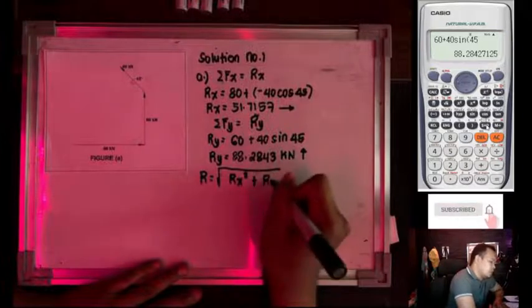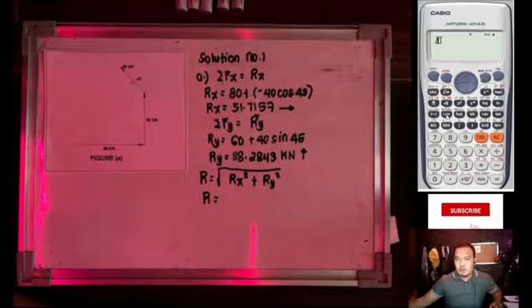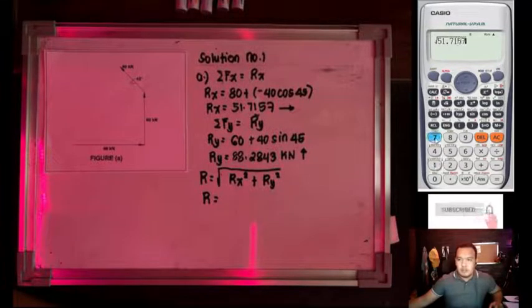So R, let's go straight to the calculator. Square root of Rx, which is 51.7157 squared plus 88.2843 squared.